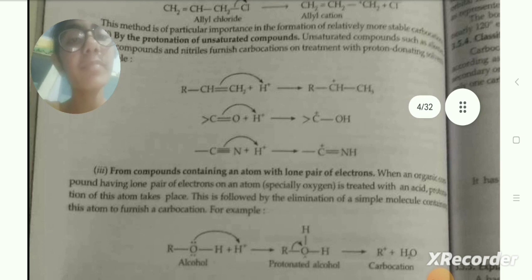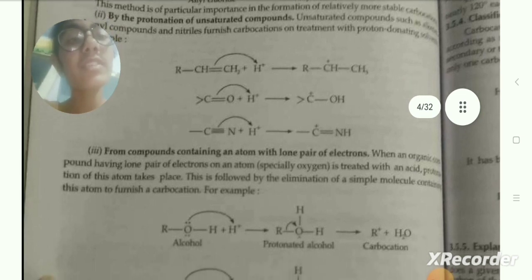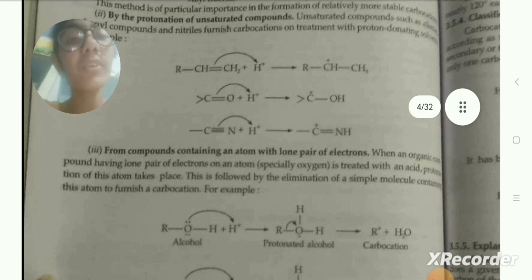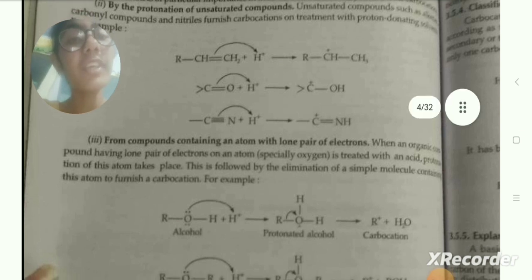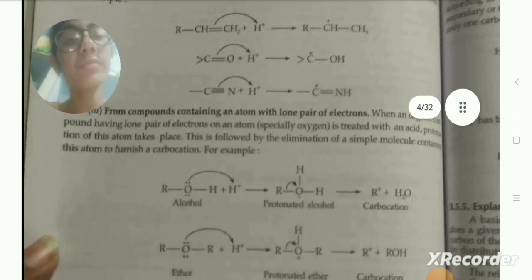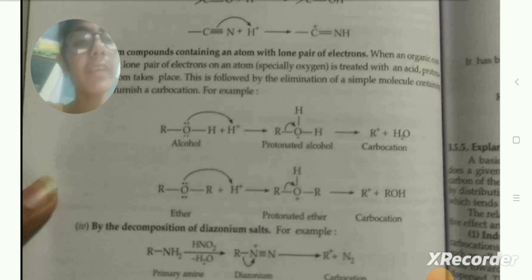When an organic compound having a lone pair of electrons on an atom, especially oxygen, is treated with an acid, protonation of the atom takes place. This is followed by the elimination of a simple molecule containing this atom, which furnishes a carbocation. For example, you can see an alcohol converted into a carbocation and an ether converted into a carbocation.